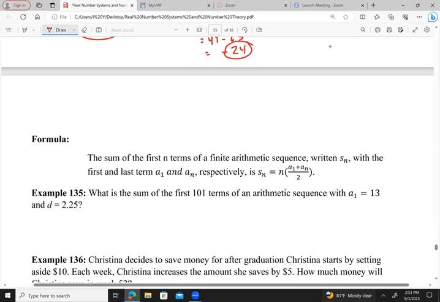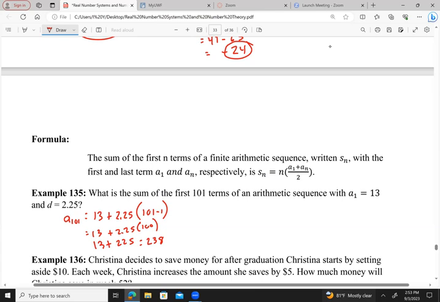So we need to find a101 to find the last term. So this is a sub 1, which is 13, plus d, which is 2.25, times 101 minus 1. 13 plus 2.25 times 100. 13 plus 225, 238.